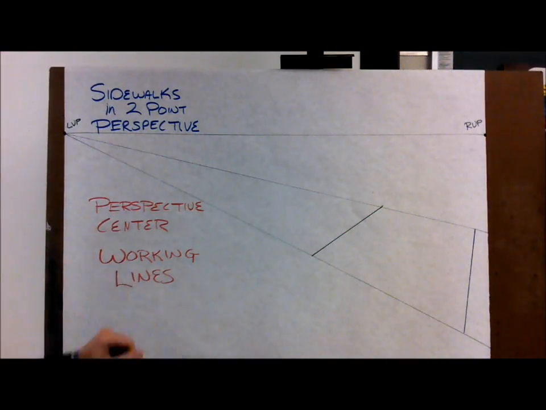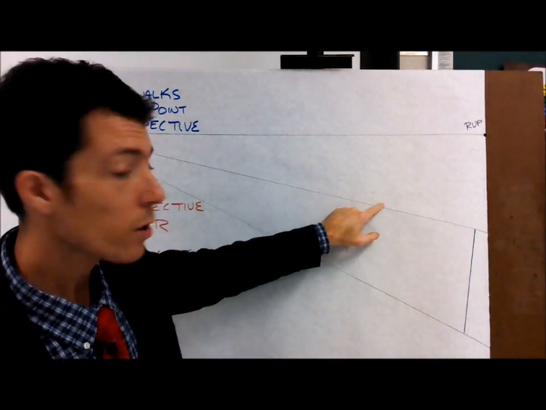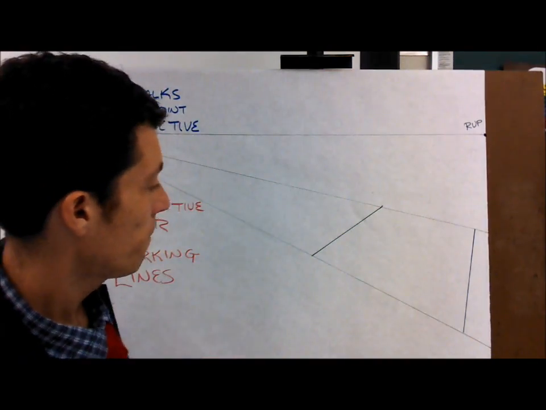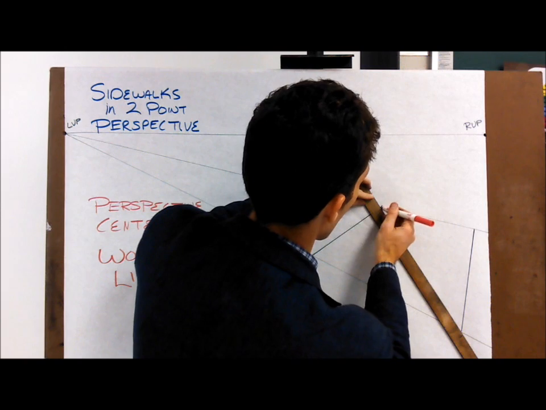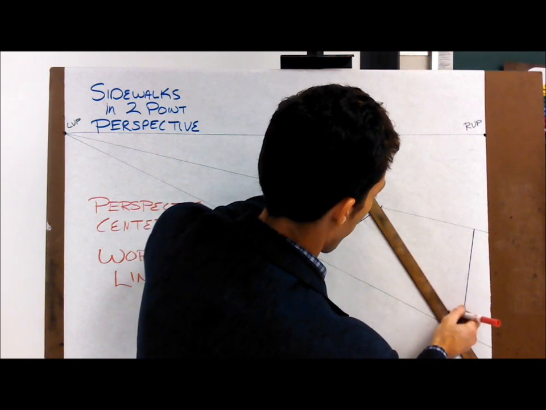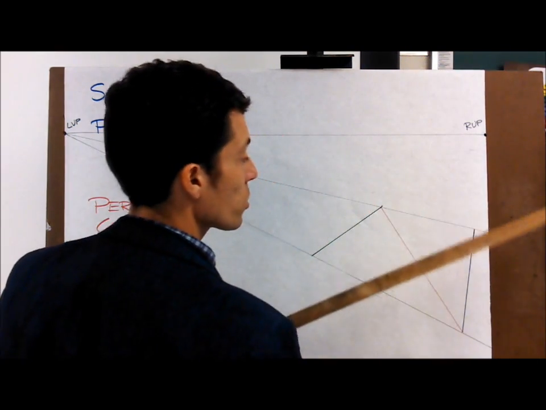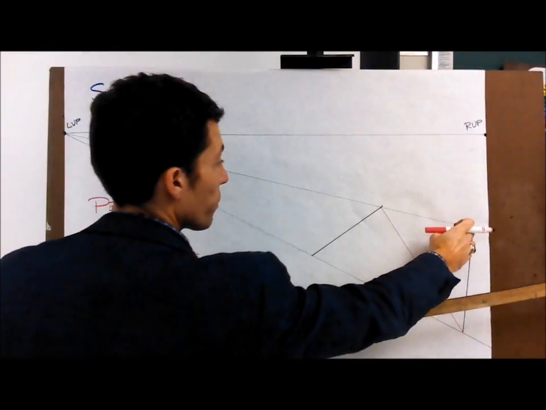So these working lines are going to be drawn from this corner to this corner. This is how we find perspective center. We draw lines corner to corner. And then I'm also going to draw a line from this corner to this corner.